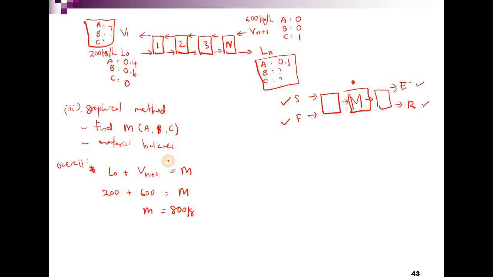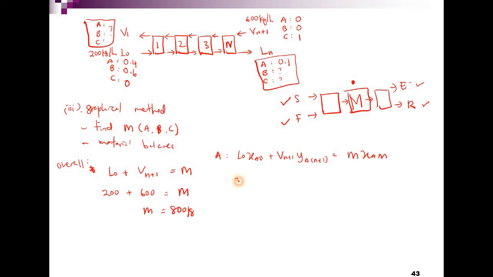Let's look into component A. For component A, L0 XA0 plus Vn+1 YA,n+1 is equal to M XAM.